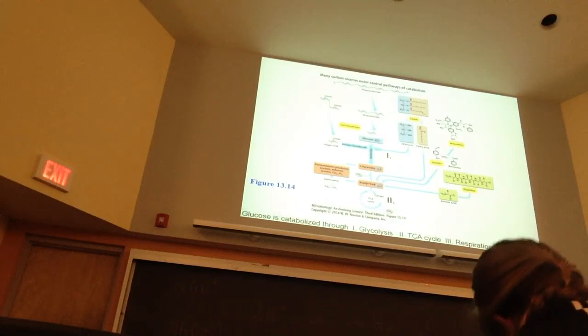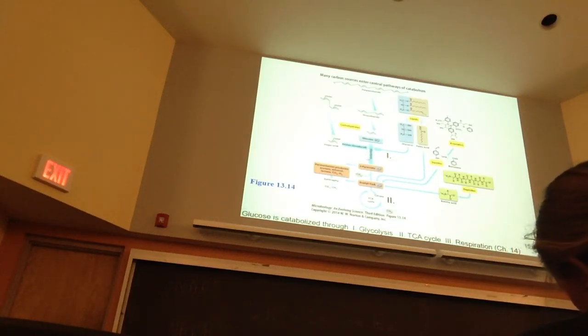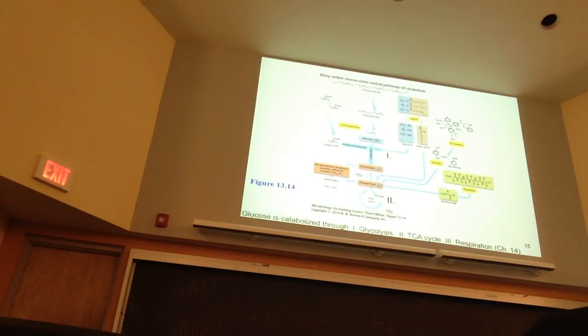To point them out: glucose is catabolized through glycolysis, step number 1, through the TCA cycle, step number 2, and then the subject of the next chapter is respiration.